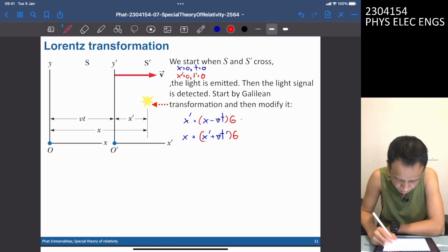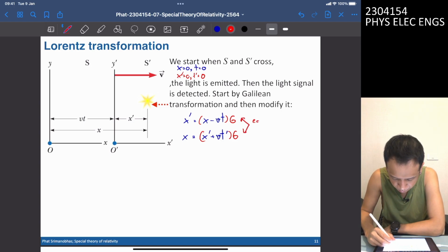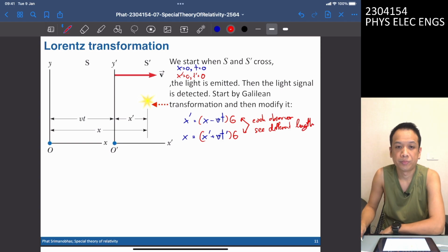So in this case, what I can summarize is that each observer sees a different length.